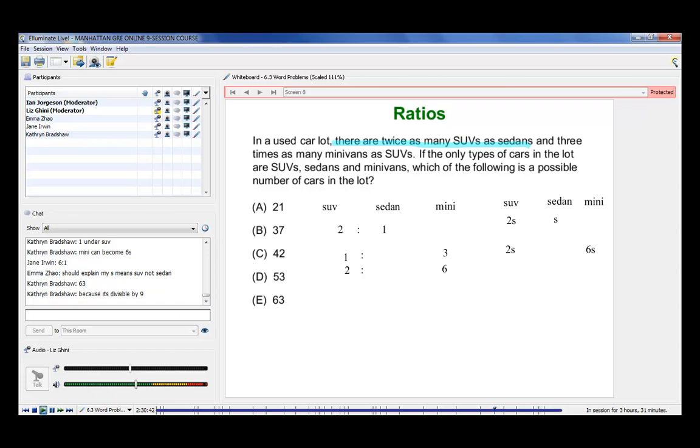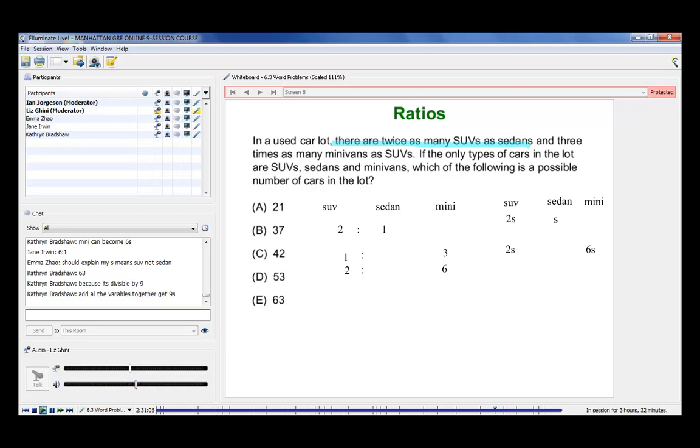You should explain your S means SUV, not sedan. All right, so let's fix that. You're saying there are twice as many SUVs as sedans. Add the variables together to get 9S.